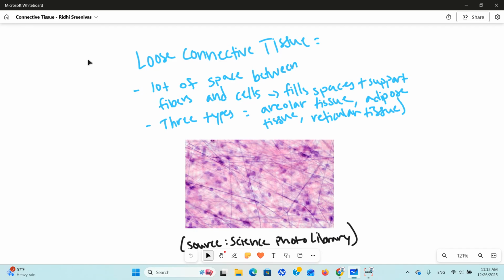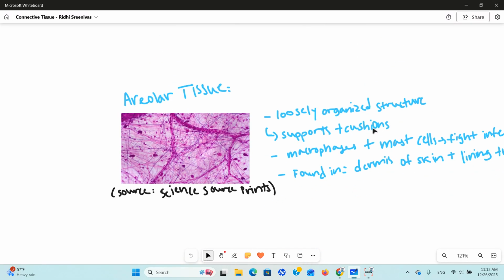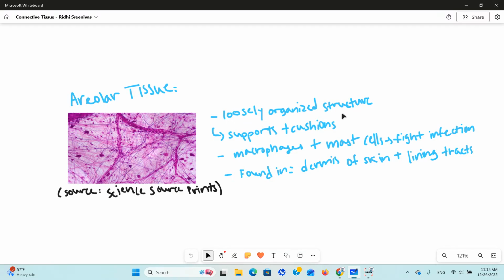So there are three main types of loose connective tissue: areolar tissue, adipose tissue, and reticular tissue. Let's first talk about areolar tissue, the most common type of loose connective tissue, which has a loosely organized structure. Some of its main functions are to connect certain tissues to other structures, while also providing support and cushion to certain structures as well.